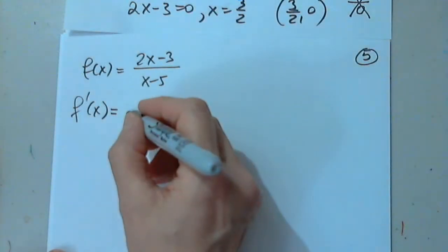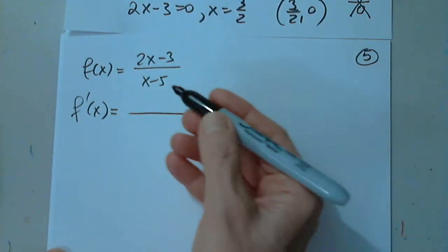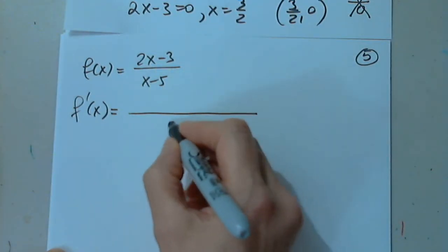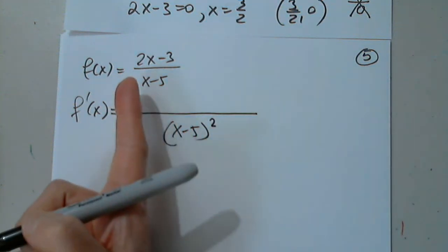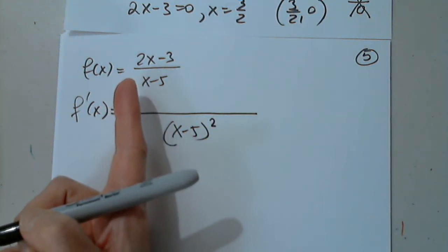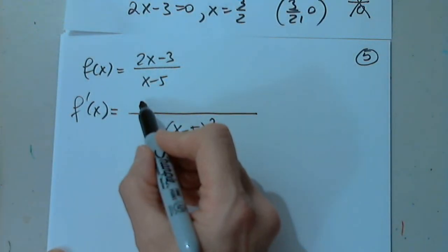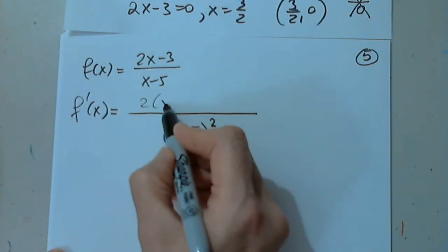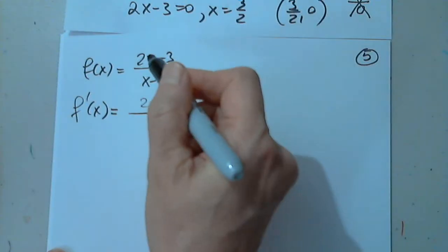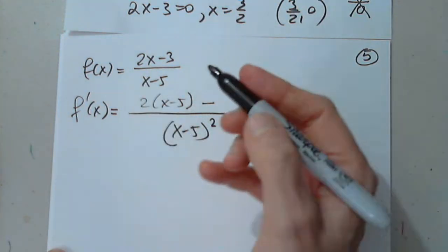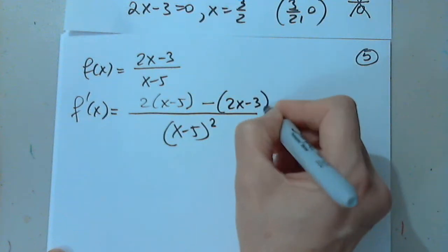Okay, so I know that this is the quotient rule. I have to use the quotient rule. I have to square the denominator. The numerator prime is how much? 2. Very good. Times x minus 5 minus the numerator. How much is the denominator prime? 1.